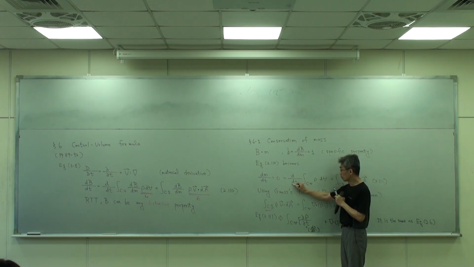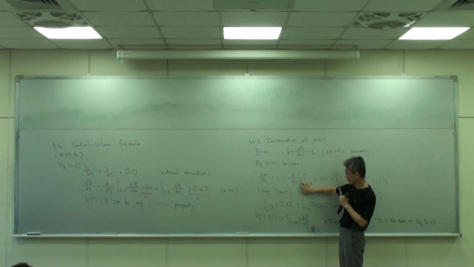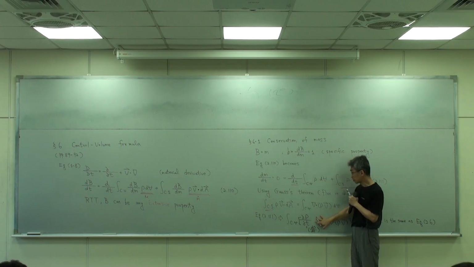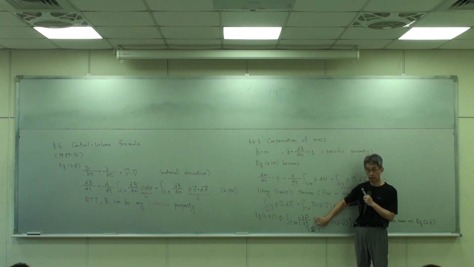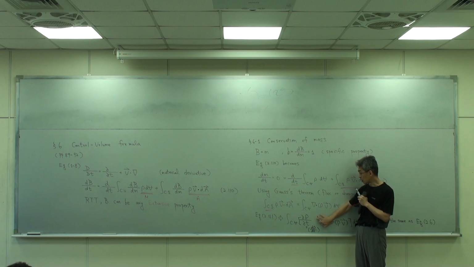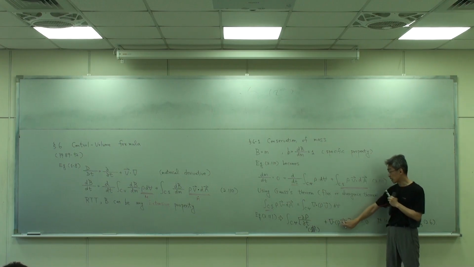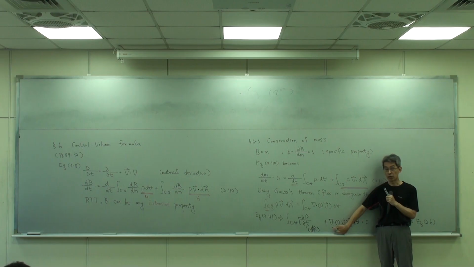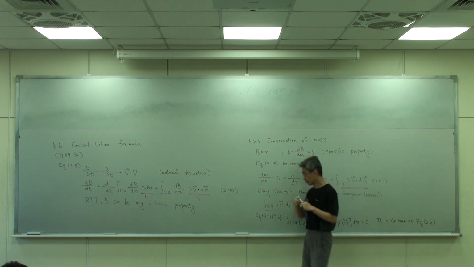We can change this, because the derivative by time is for the control volume. But in the differential form, we still have space, so this d/dt, we will use the partial t, because they also have a space parameter. It's not only the time parameter. Okay.